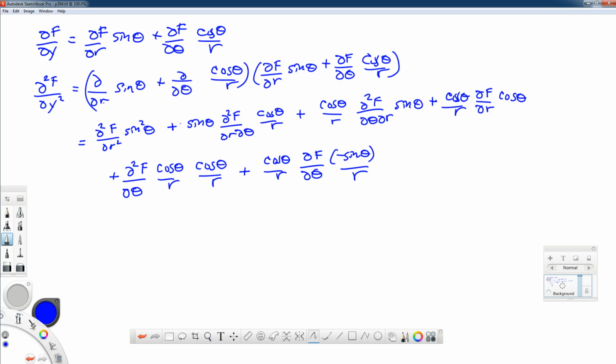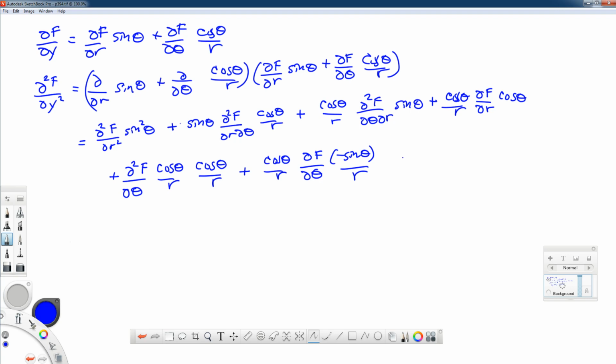I'm going to have the partial with respect to r of this term. Well, I don't have an r in the sine theta, so I'm good here. So let me check and see if I got all the terms that I need in here. Yeah, I do need one more term. This comes from the partial with respect to r times sine theta that operates on this 1 over r type term.